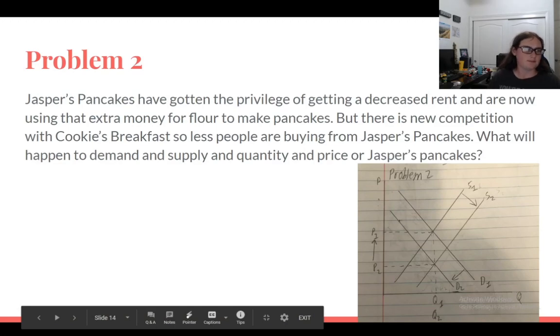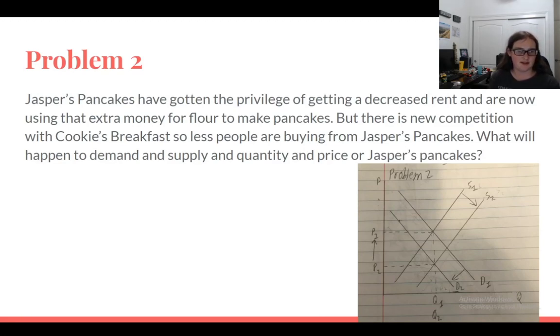Problem 2. Jasper's Pancakes have gotten the privilege of getting a decreased rent and are now using that extra money for flour to make pancakes. But there is new competition with Cookie's Breakfast, so less people are buying from Jasper's Pancakes. What will happen to demand, supply, quantity, and price for Jasper's Pancakes?